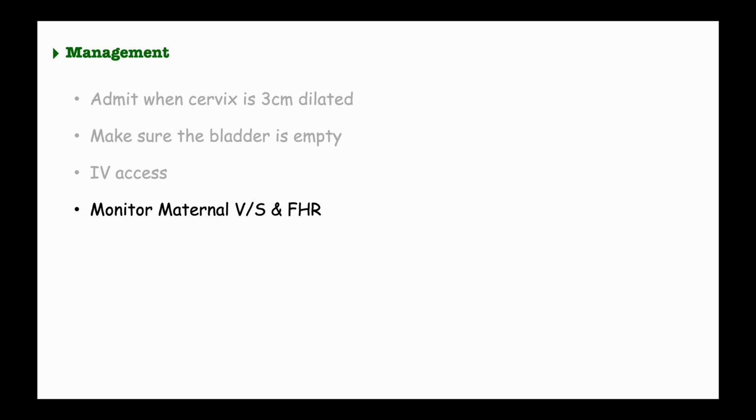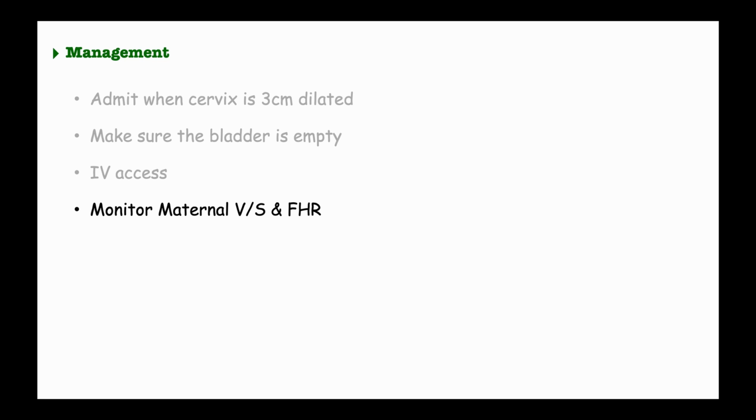Another important thing is the fetal heart rate. We need to also auscultate or measure the fetal heart rate, especially during contractions. This is because when the uterus is contracting and we find that the fetal heart rate is decelerating, then it means there is a problem.